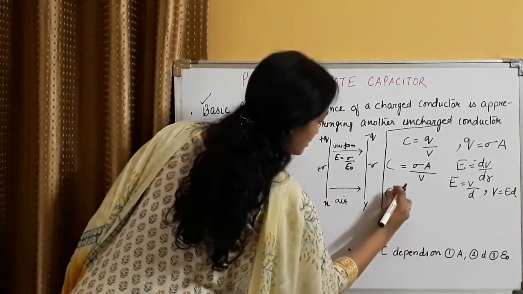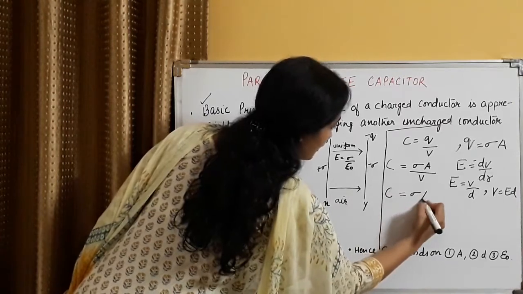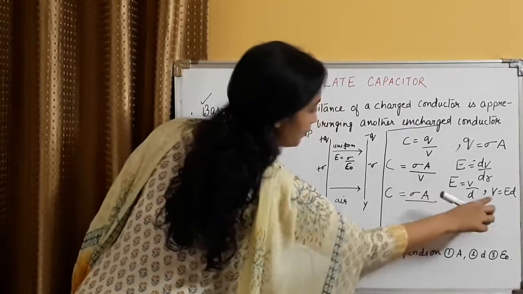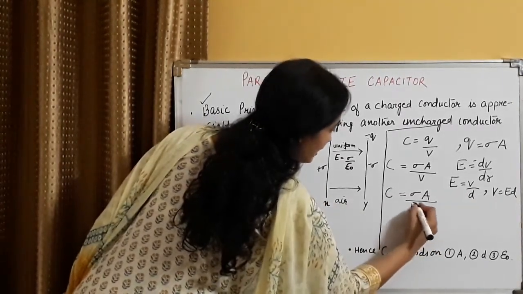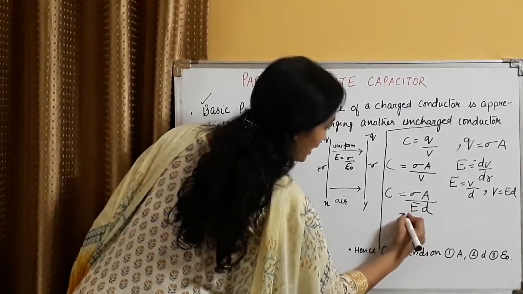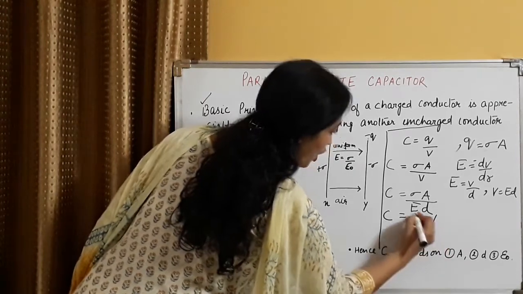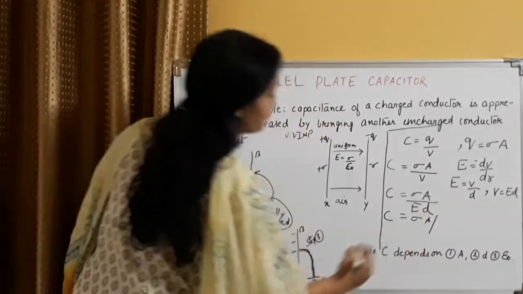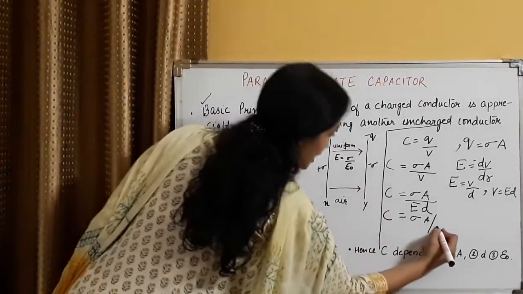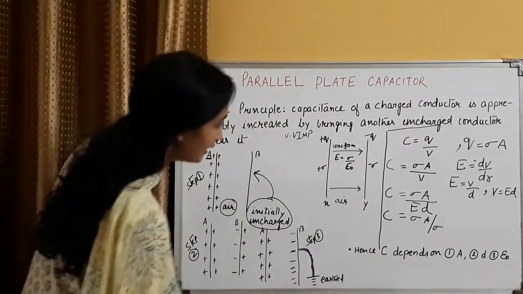Substituting, C is equal to sigma A upon, in place of V I will write E d, and in place of E I can write sigma by epsilon naught.